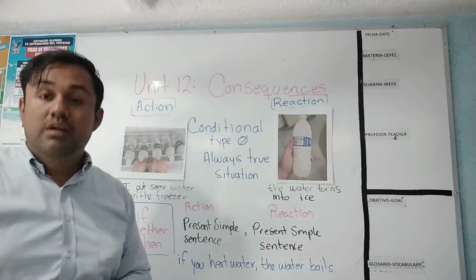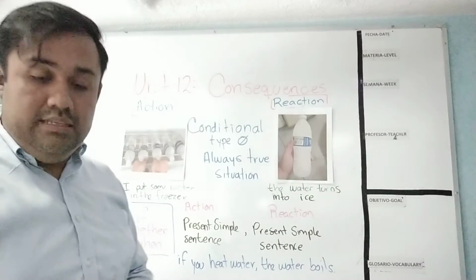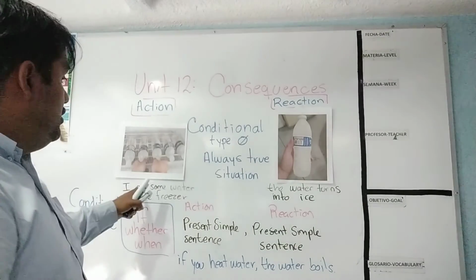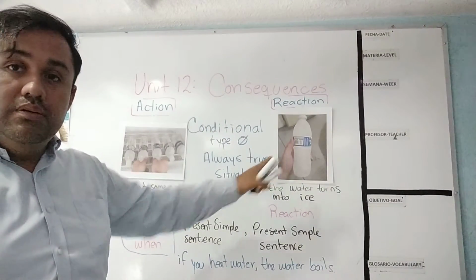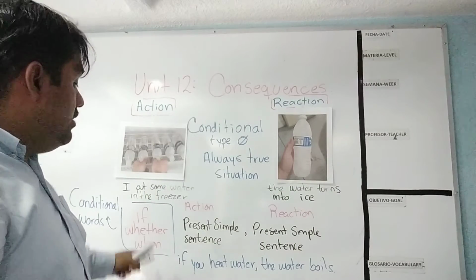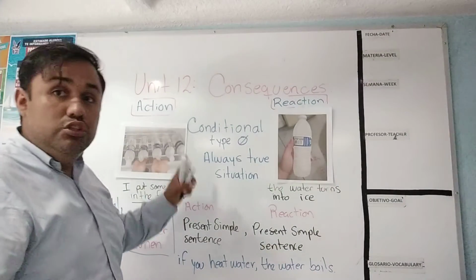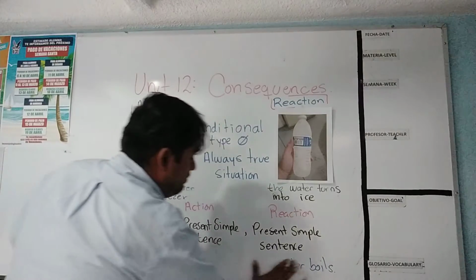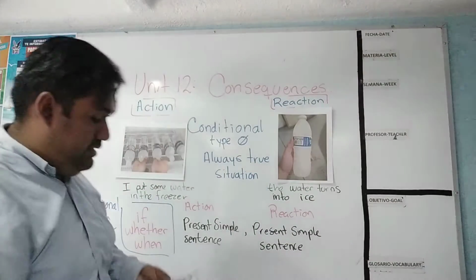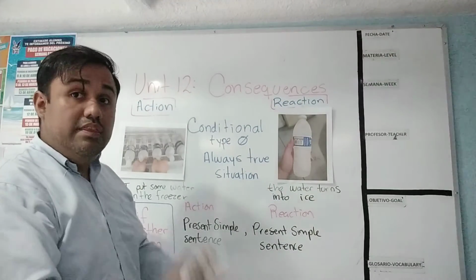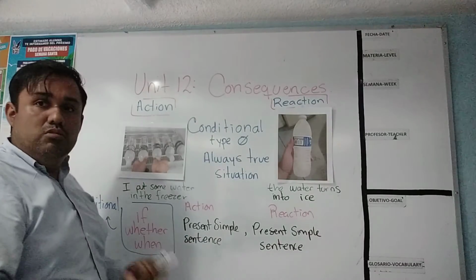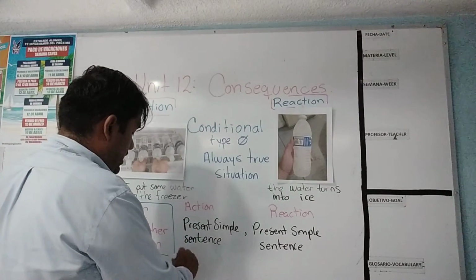So, in this case, I already have my action and my reaction. So, to create a sentence using the conditional type 0, now I use a different conditional word. I use the word when.